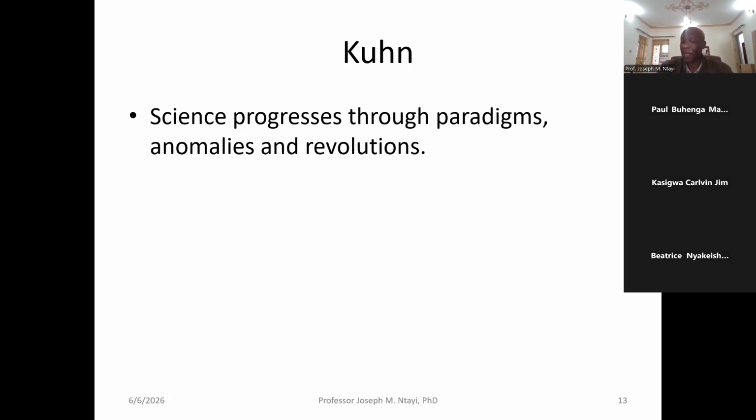Isaac Newton's work produces what we call Newtonian mechanics, and that was one of the most dominant paradigms in physics, and it explained many physical phenomena with remarkable success, as I did indicate.